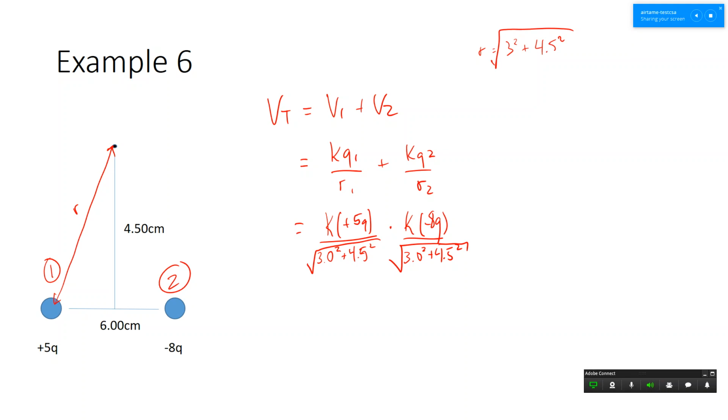Sorry, I wrote multiplication. It could be plus minus, or you can just put a minus and take out the minus there. Again, it doesn't really matter what the number is, as long as you know how I got to this equation and you know how to use your calculator, you should come up with the right thing.